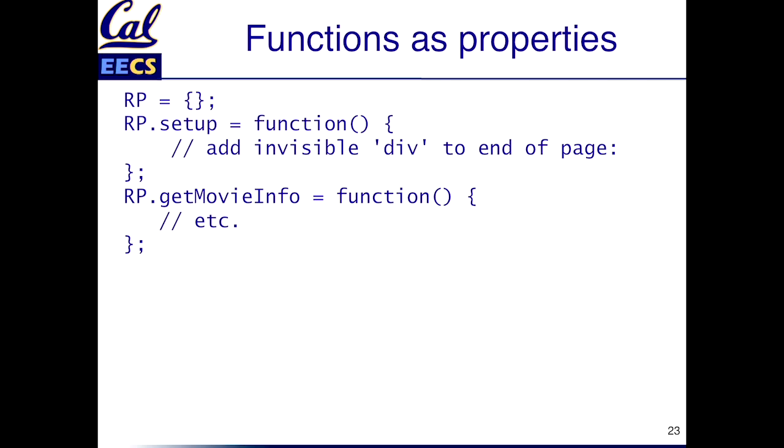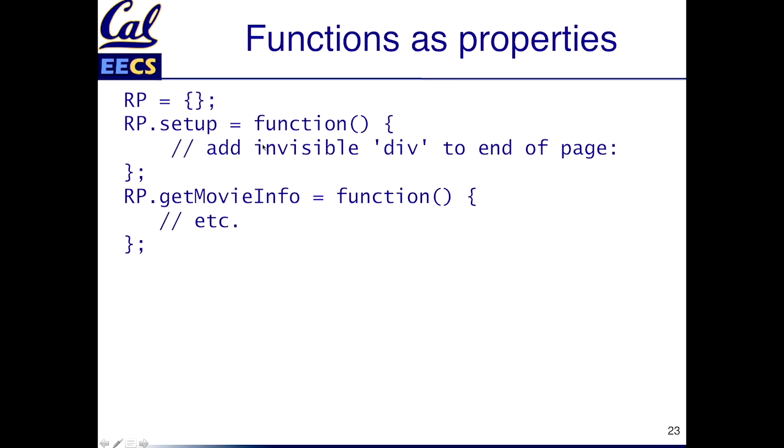In this instance, I omitted the keyword var because when you use var but you're not inside any scope, it turns out to be global anyway, right? So it wouldn't have made any difference in this example. And now I'm setting some properties of this object, and these two properties, setup and get movie info, are both function-valued properties. It's like a hash, but these values are functions instead of some simple type.